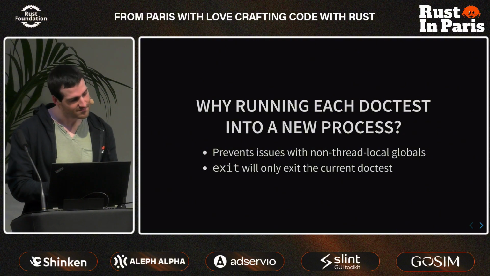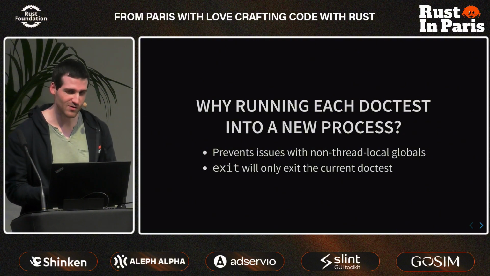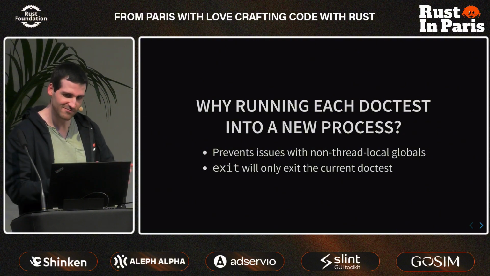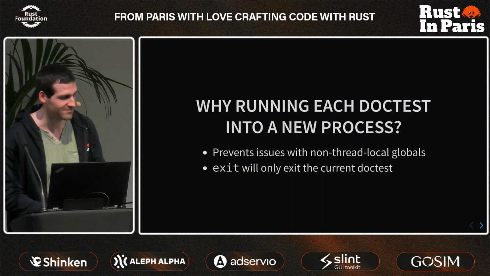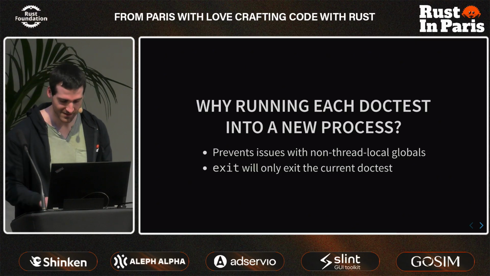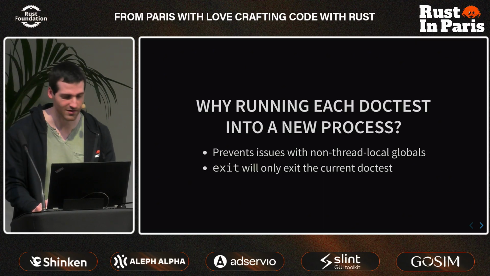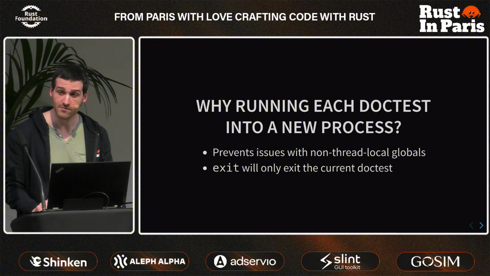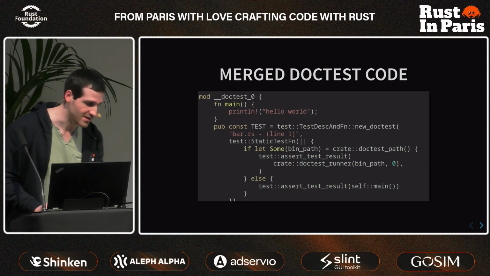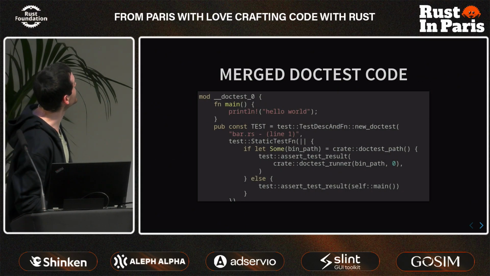Well, that's pretty problematic when you want to actually document that in your log crate. Yeah, that's how we discovered it. Basically, log broke in terrible ways. So now it's fixed. You can run it. It's a thread running its own process in the list of threads. It's fine. So now let's take a look at the merged doctest itself.